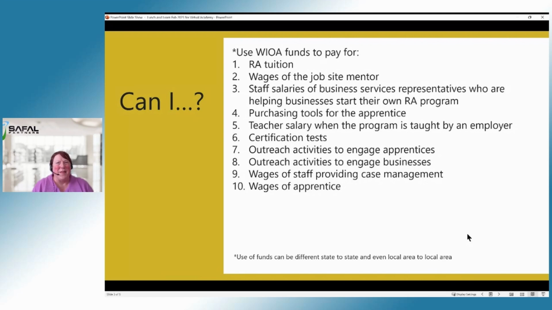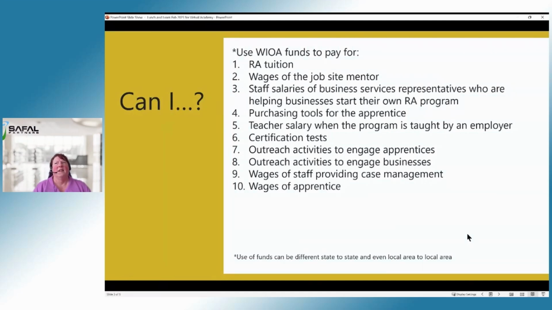If so, let me know. I'm seeing that you guys are saying yes to a lot of these things, so I'm loving this too. Most of you are saying that you have not actually paid for the wages of the job site mentor. Did you know you could? There's the question.